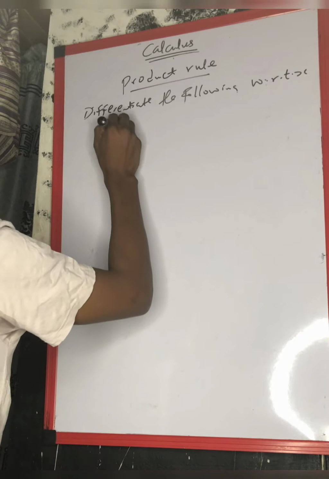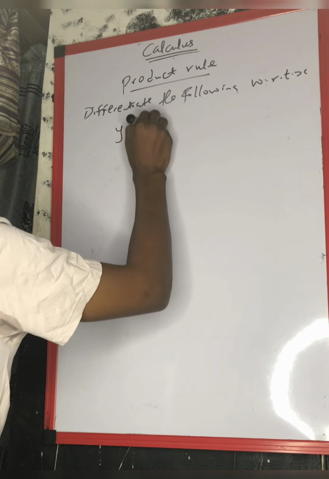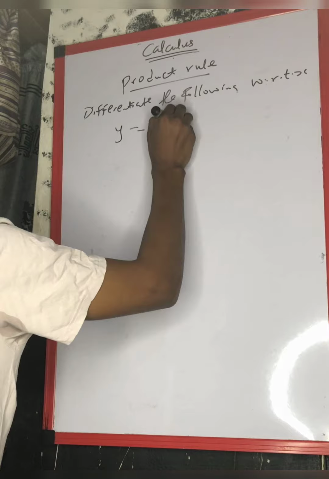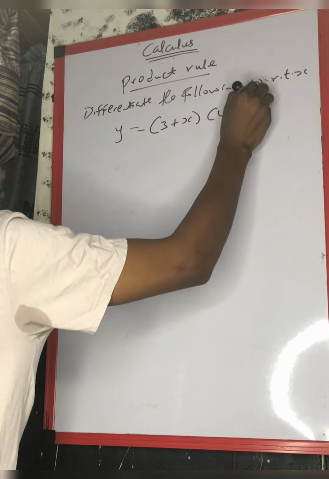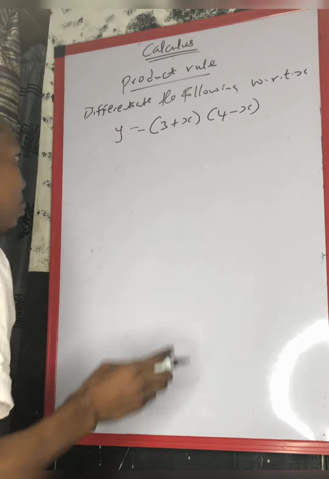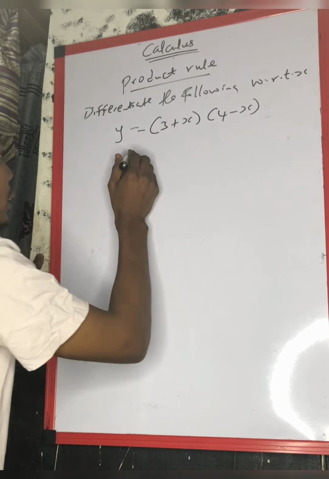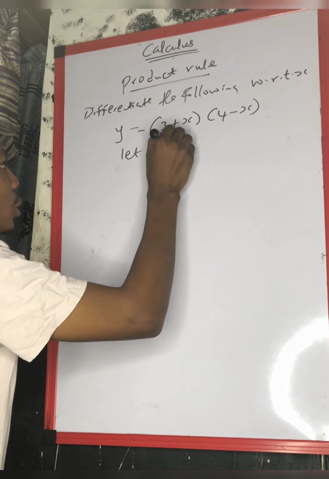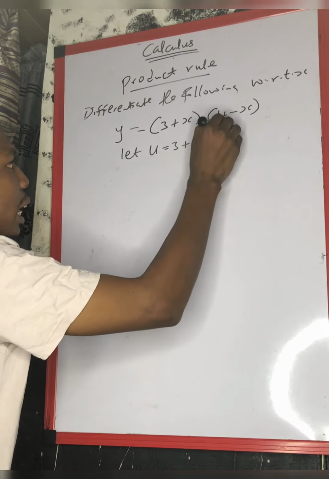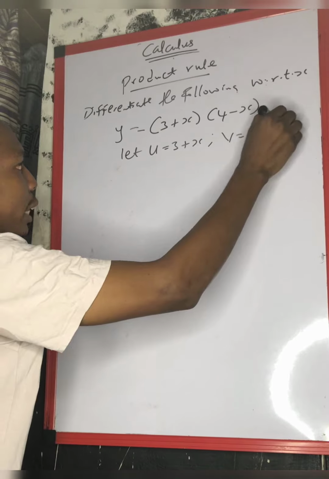Alright, we have y equals 3 plus x times 4 minus x. You can simply say let u equal 3 plus x and let v equal 4 minus x.